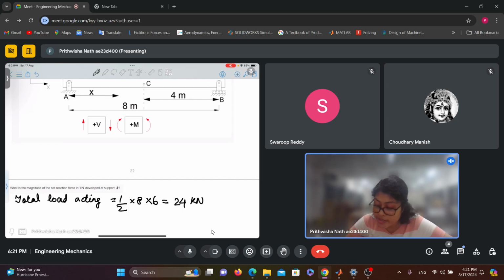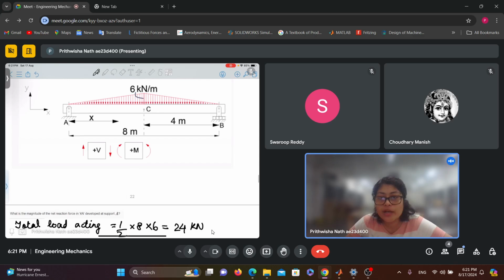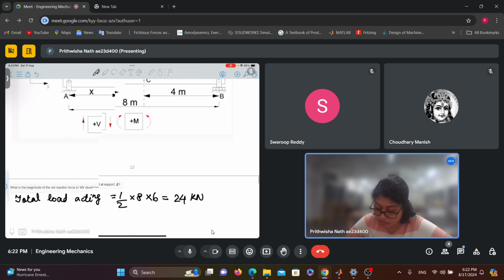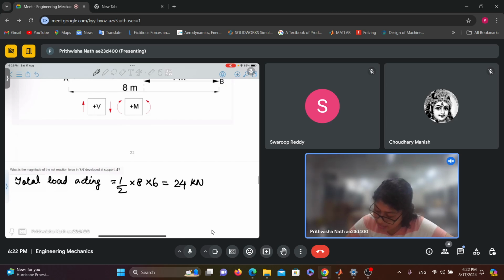Now, since it is symmetrical, see the loading is symmetrical on this beam. So we can say that RA equals RB equals 24 by 2, that is 12 kilonewton, right? So the magnitude of reaction at A is 12 kilonewton.